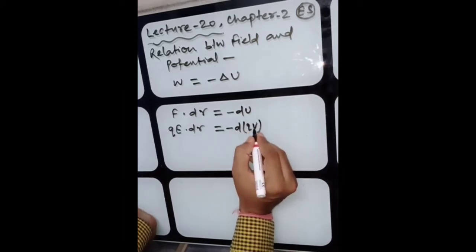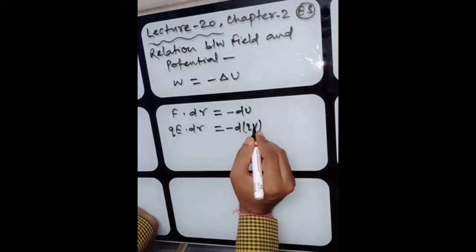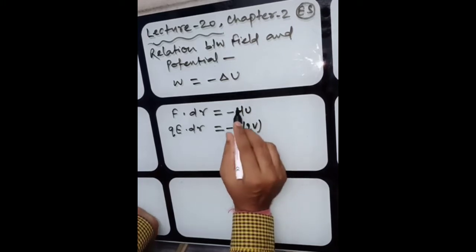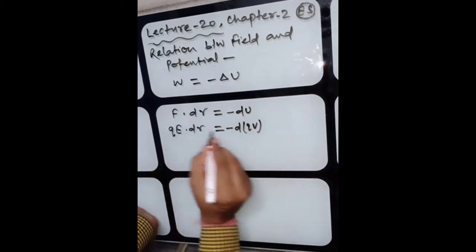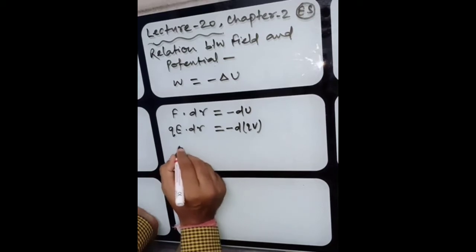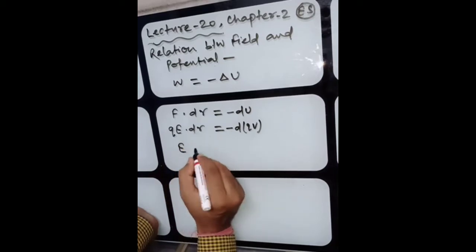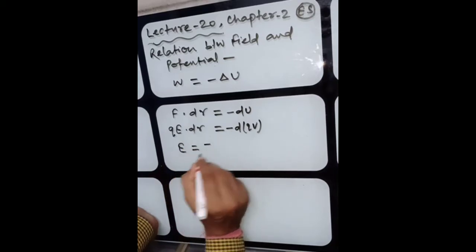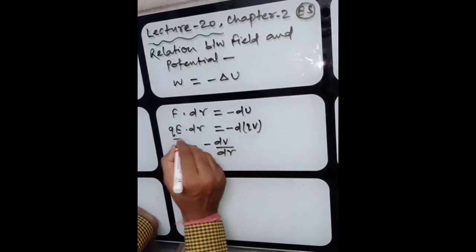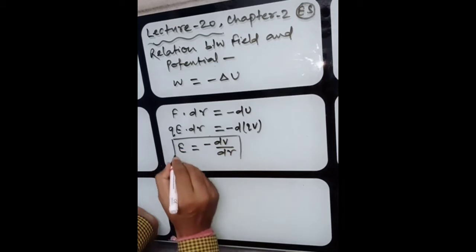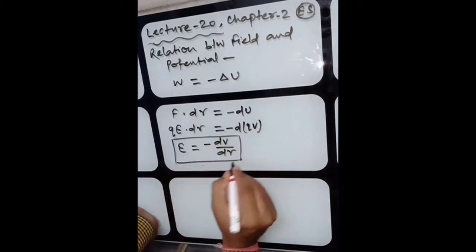This potential will change the energy. Remember, here the charge will not change since charge is constant, and this Q will cancel out. Finally, we'll have E is equal to minus dV over dr, a very simple relation between electric field and potential.